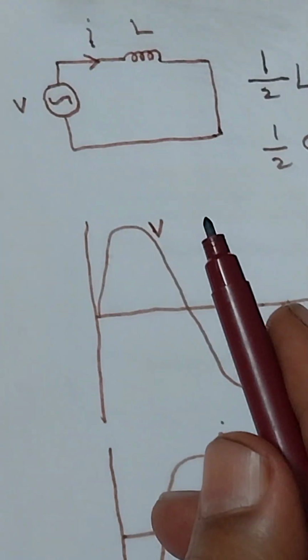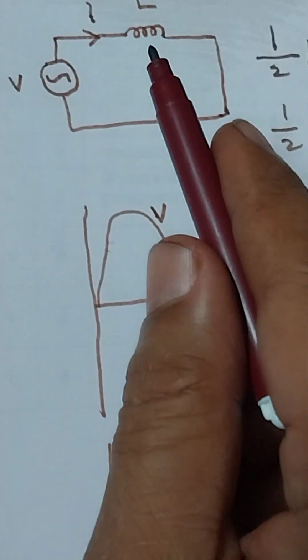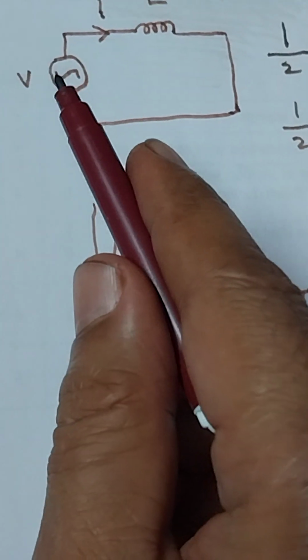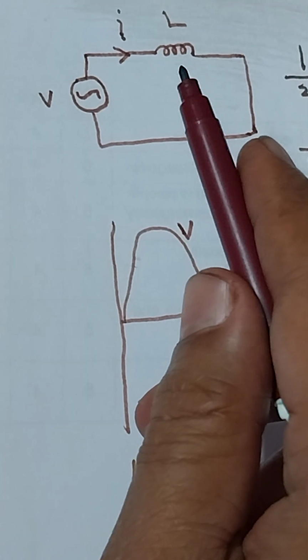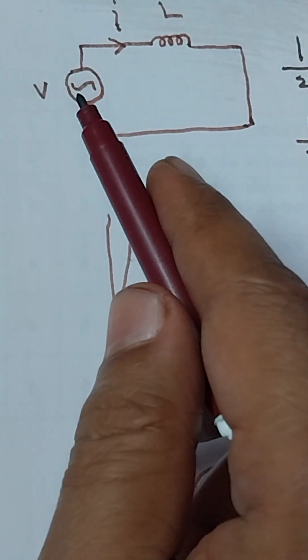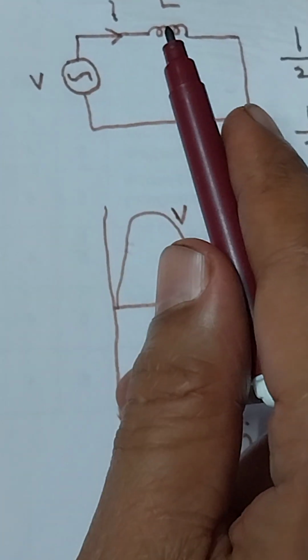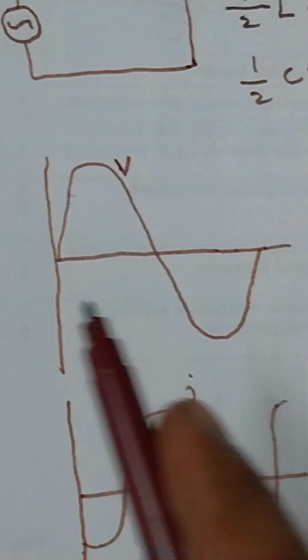Now what happens to this? This is inductance. What happens if the current is flown through this pure inductive circuit?